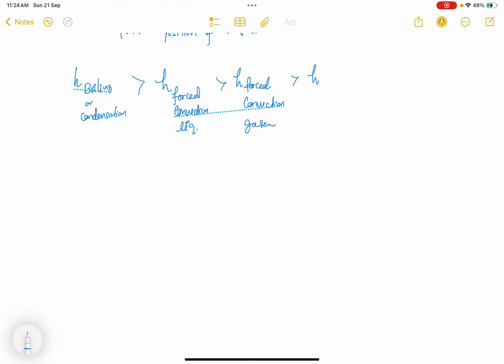Then the heat transfer coefficient of free convection, if it is occurring in liquids, is higher than if it is occurring in gases. All right.